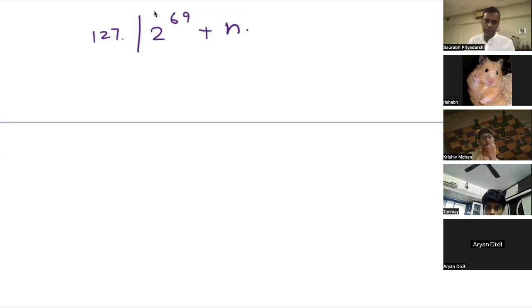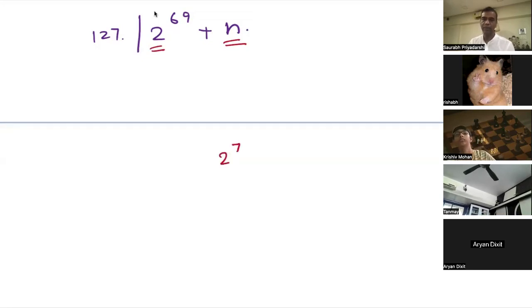See, in this I can say, later on I'll add, right? Just I'll see what I'm getting for 2 to the power 69. 128 is a number we know that's nearer to 127, and 128 is 2 to the power 7.